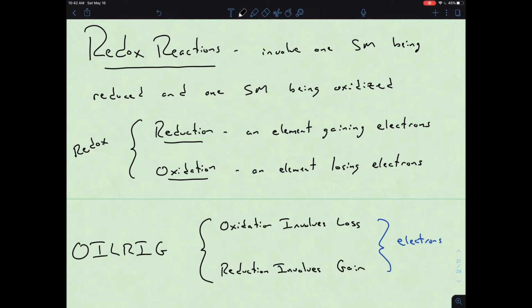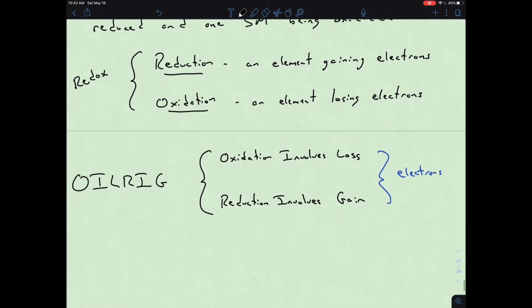A lot of metals like to lose electrons, right? They have low ionization energies. A lot of the nonmetals don't like to lose electrons. They like to gain electrons, right? Because of electron affinity. So we have that idea of certain elements in their chemistry as far as what they want to do in terms of losing electrons or gaining electrons.